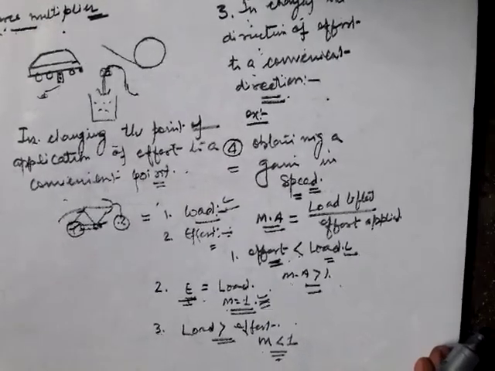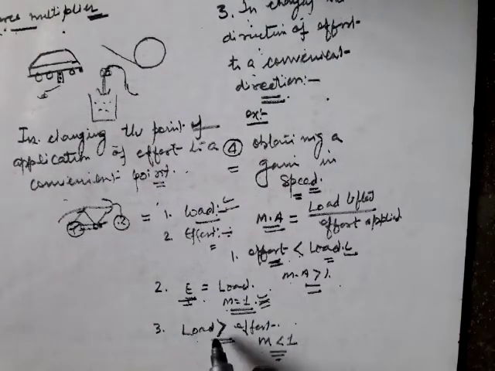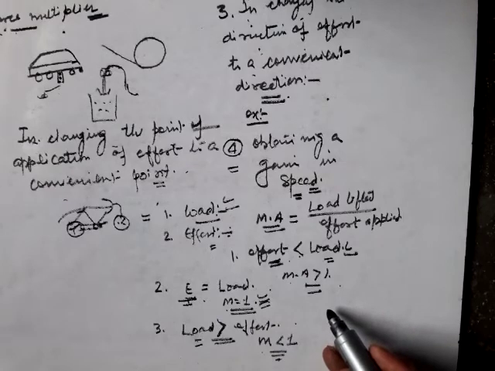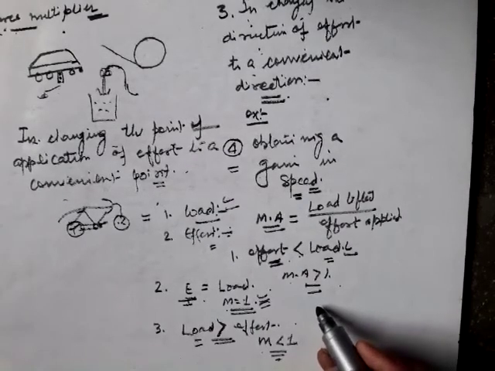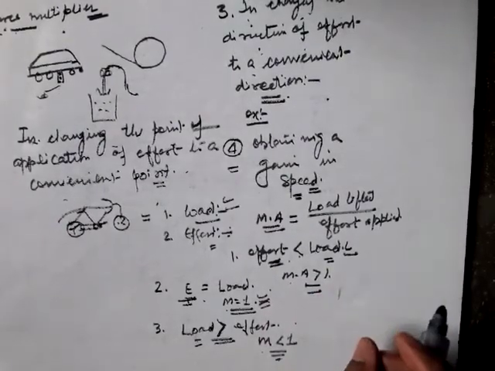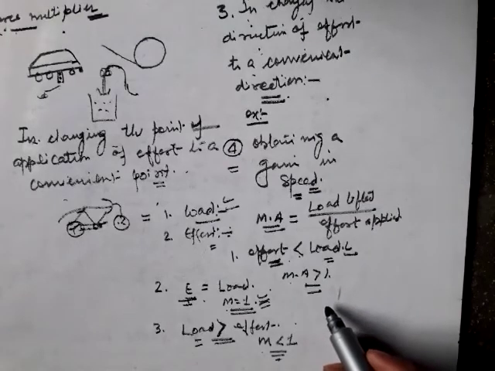And what will be the condition when load is greater than effort? We can take the example of a hockey player. You have seen a hockey player playing on the ground.